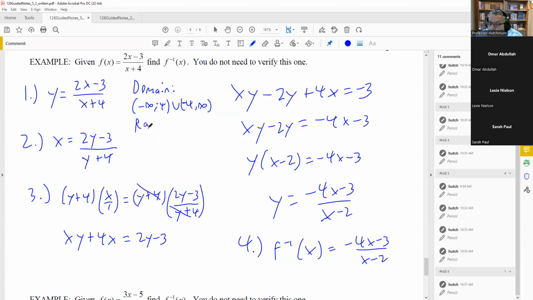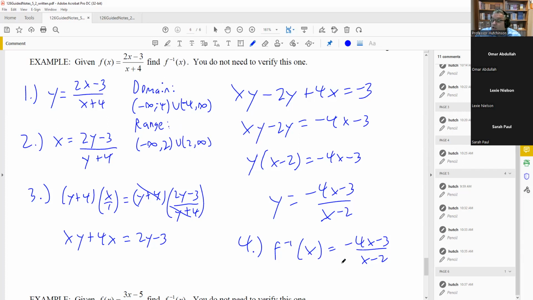But the range, and this is still the range of the original one, is going to be -infinity to 2, and then from 2 to infinity. It's never going to reach the y value of 2, and that's what we found from the graph itself. So now we have our domain and range of the original one.